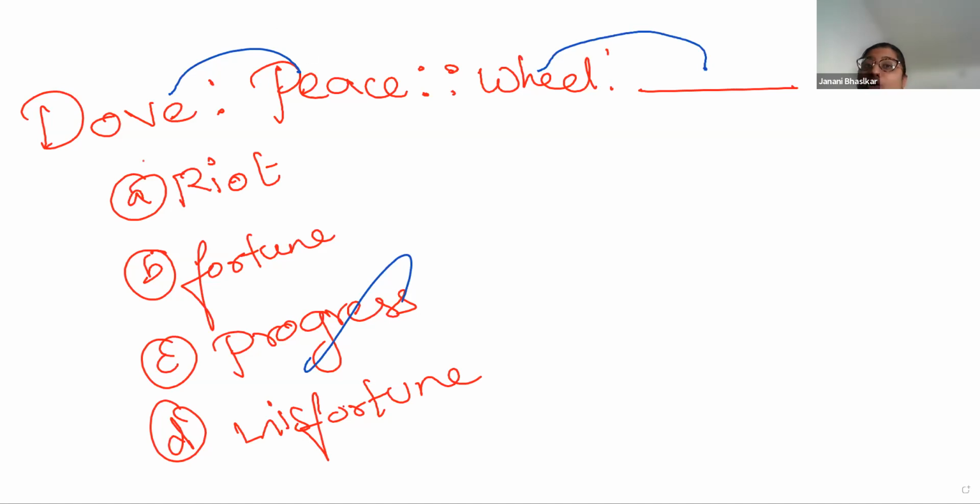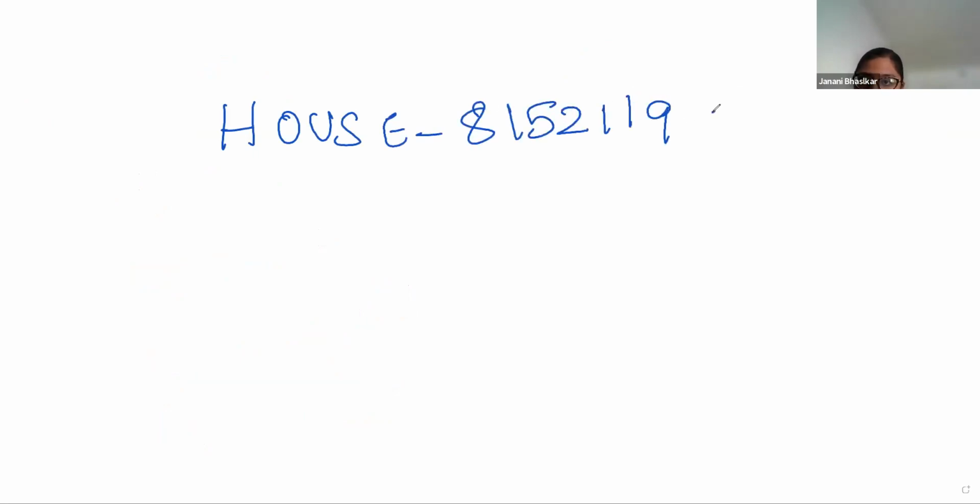Okay, now I'll give you a coding decoding question. If house is coded as 815211195, then how should I code the word school? Give me the answer.